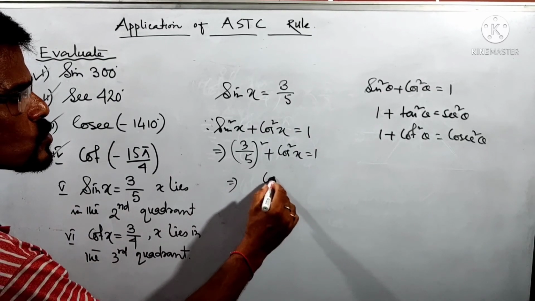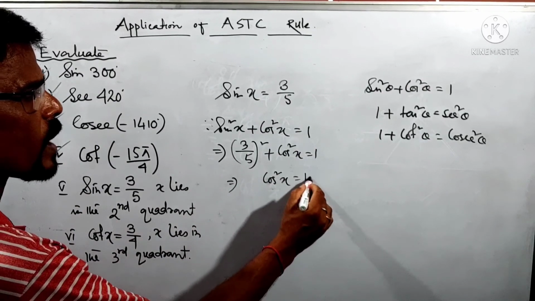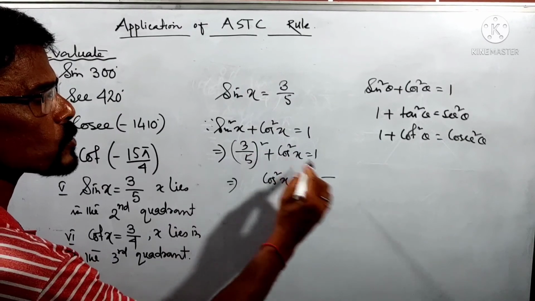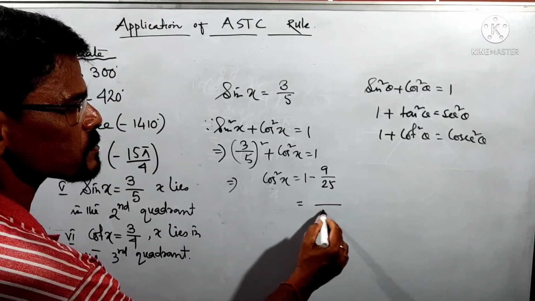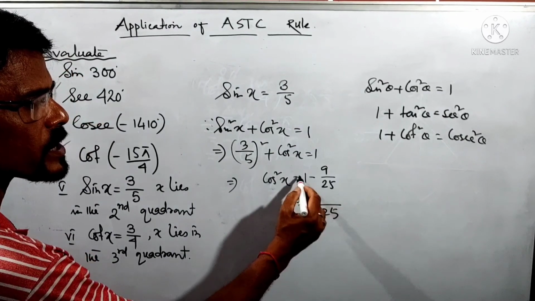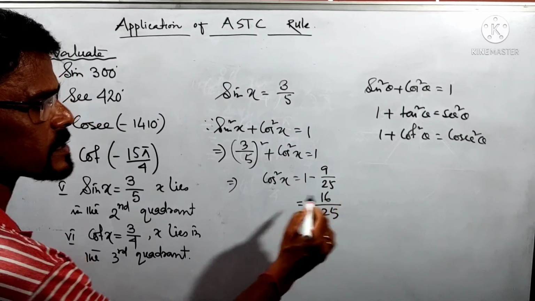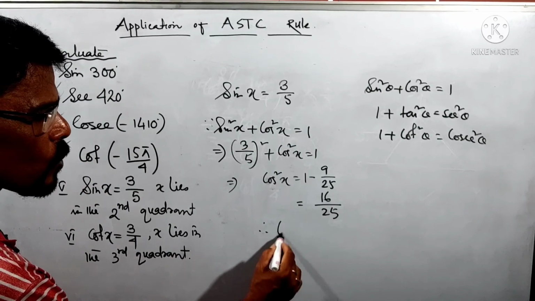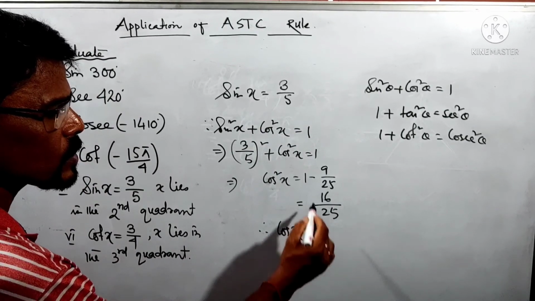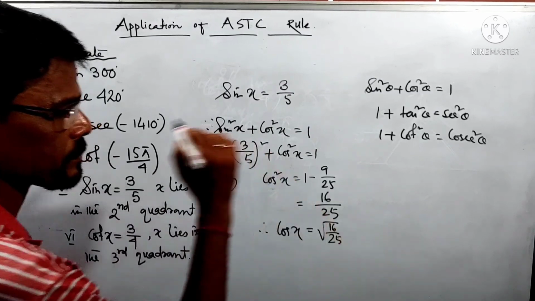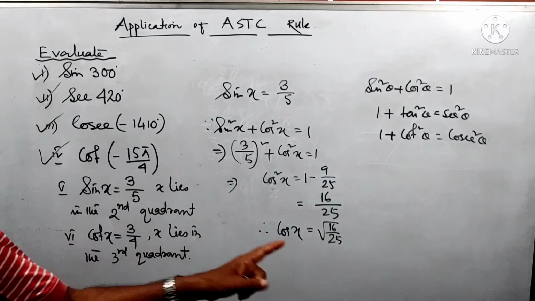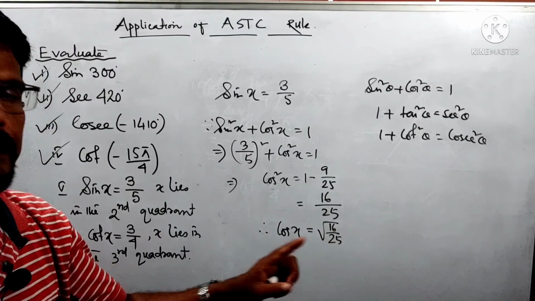So from here cos square x equal to 1 minus 3 by 5 whole square, that is 9 by 25. Taking LCM 25, 25 minus 9, it is 16. Therefore, cos x equal to root over 16 by 25. Dear students, you see, root over 16 by 25 has two values.